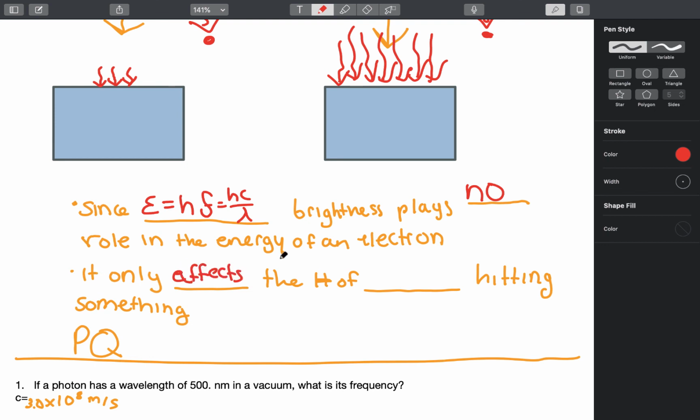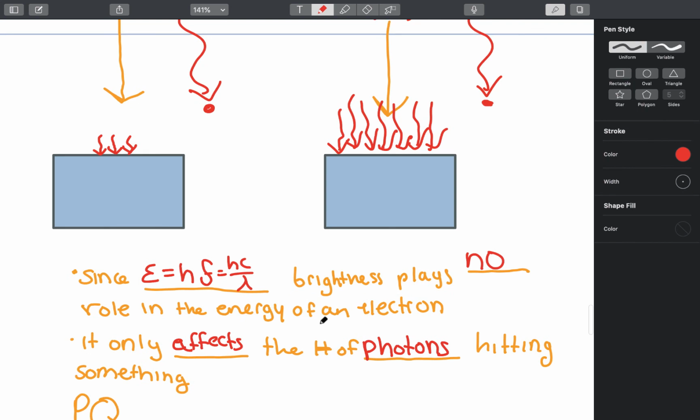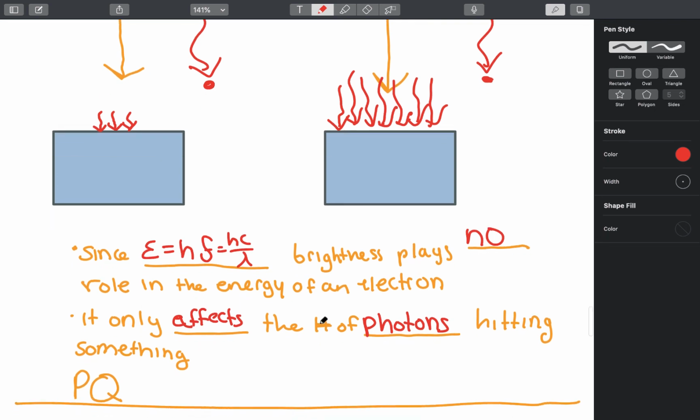Brightness only affects the number of photons hitting something. So it can increase the number of electrons leaving the metal in a certain amount of time, but it can't affect the energy of an electron leaving. So that is all the concepts for today.